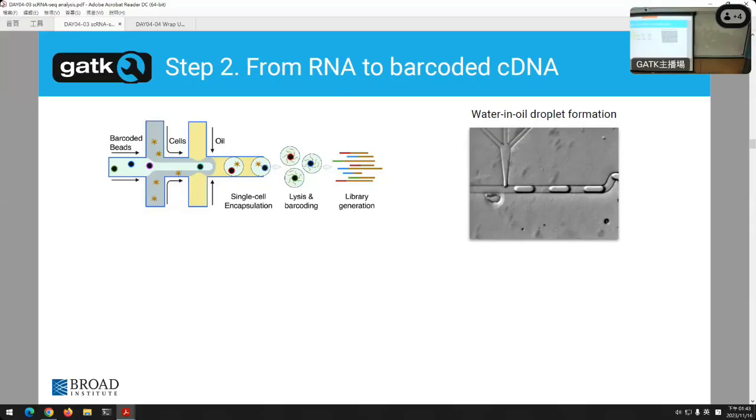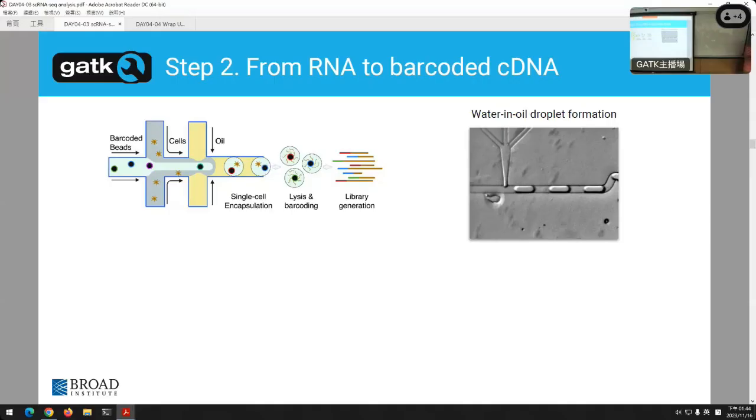That bead has tons and tons of barcodes, but the barcodes are all the same. Just like in the supermarket, all the same cans of tuna fish, toilet paper, they all have the same barcode, so you know the same brand, right? So in here, all the mRNAs are going to get the same barcodes for that cell. So they're all contained inside a droplet, and RNA from a different droplet gets different barcodes. But within a droplet, they get the same barcode.